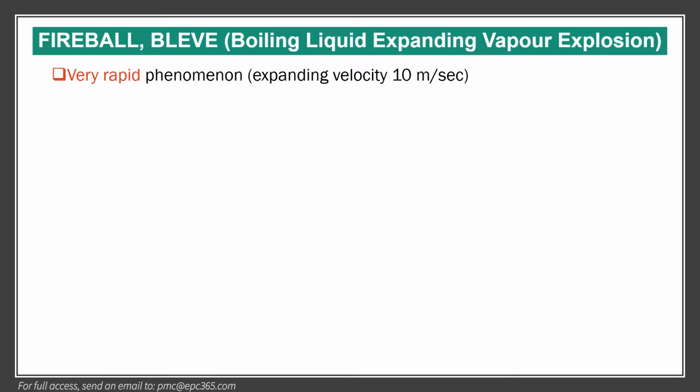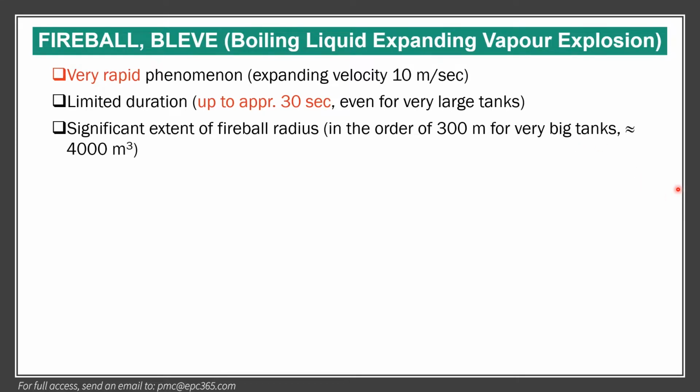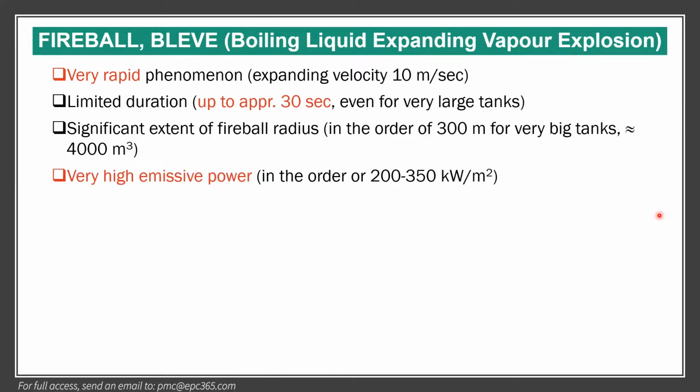So for the fireball and BLEVE, we can say very rapid phenomena, expanding velocity 10 meters per second. Limited duration is very short duration, about 30 seconds, even for a very large tank. And significant extent of fireball radius in the order of 300 meters for a very, very big tank, 4,000 cubic meter, and very high emission power.